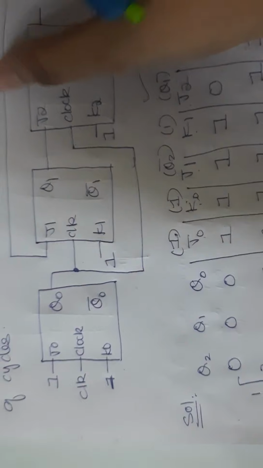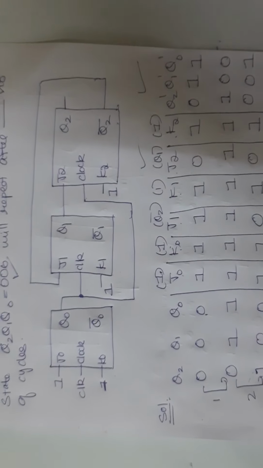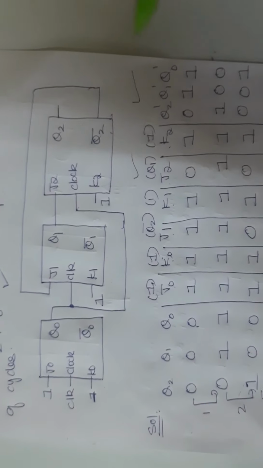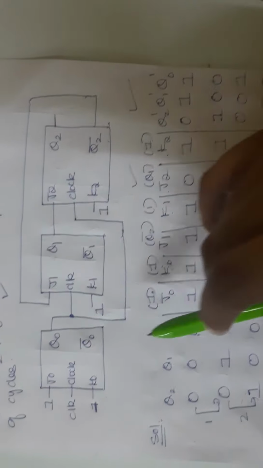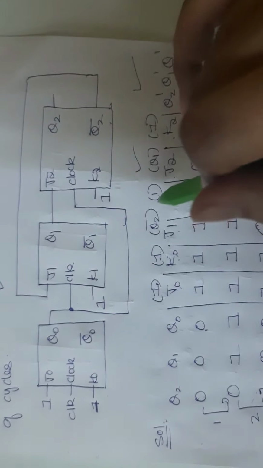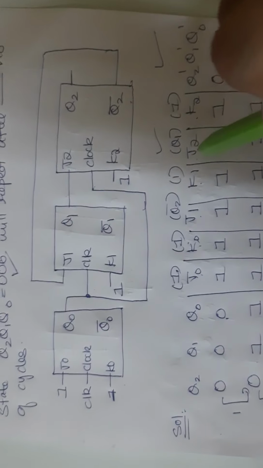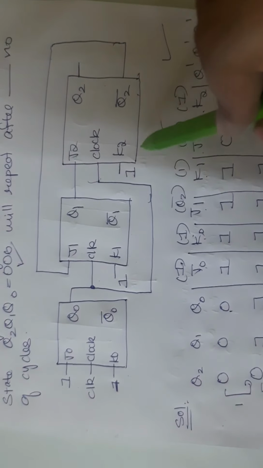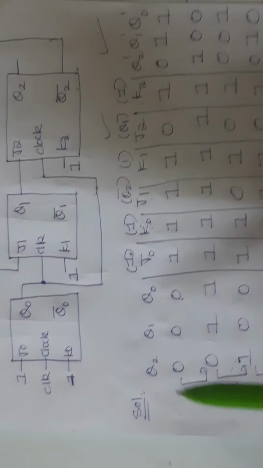Now let us see. Previously I stopped with calculating the values of J and K. We'll see again. J0 is 1, K0 is 1, J1 is Q2 bar, K1 is 1, J2 is Q1 and K2 is 1. So now let us get started.